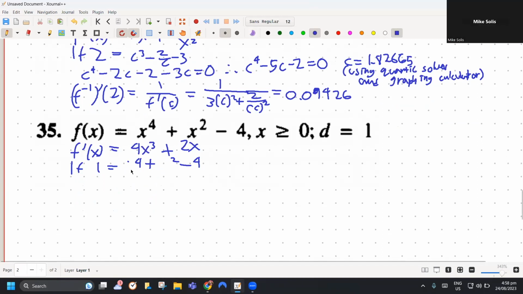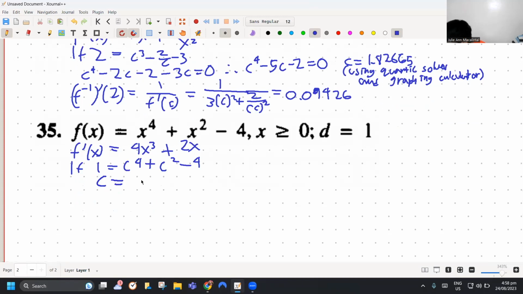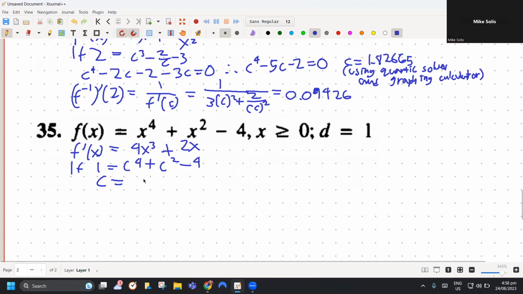Minus 3 minus 0 equals x squared plus 2 minus 3. Teka. So, teka, wag muna. Yung using elementary methods, ano yung solution?